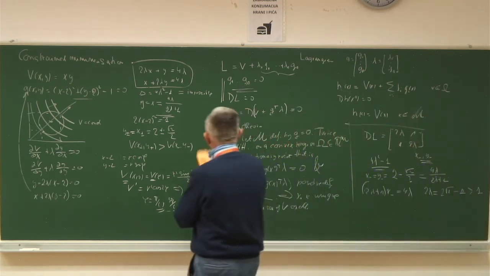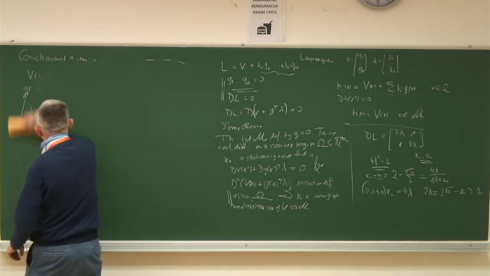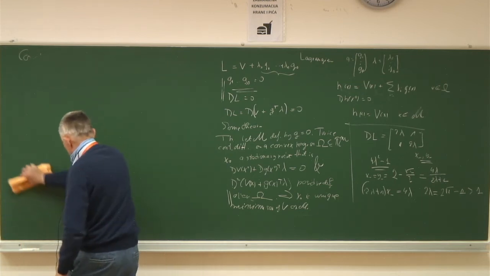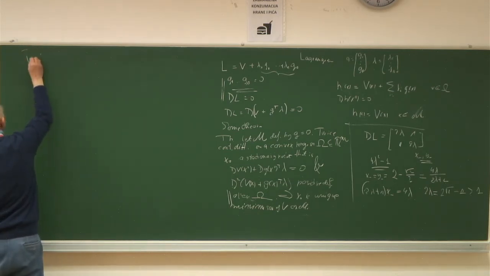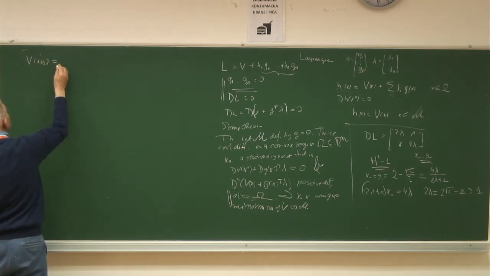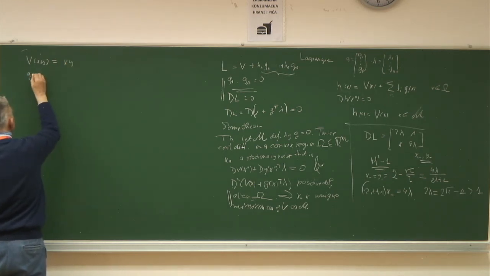So now let's look at another example, where v of x, y is equal to, again, xy, but now our g is equal just to x minus y.